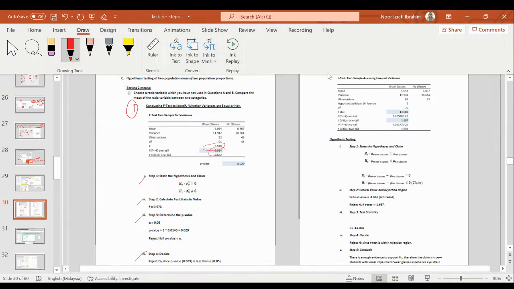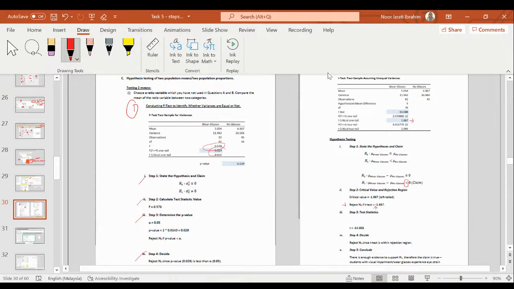For this example, in step 1, H1 is less than. For less than, this is a one tail test. So for the value of CV, we don't use positive 1.667, but we use negative. That will be the rejection region.